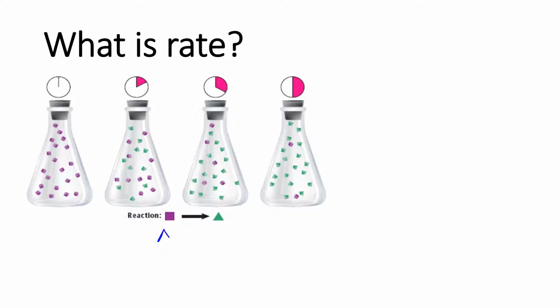So if we have reactant A turning into product B, that rate of how fast it occurs has to do with the change in reactant A over a given time period, so change in time. And delta, again, remember, means change in something. So change in A over a given amount of time.